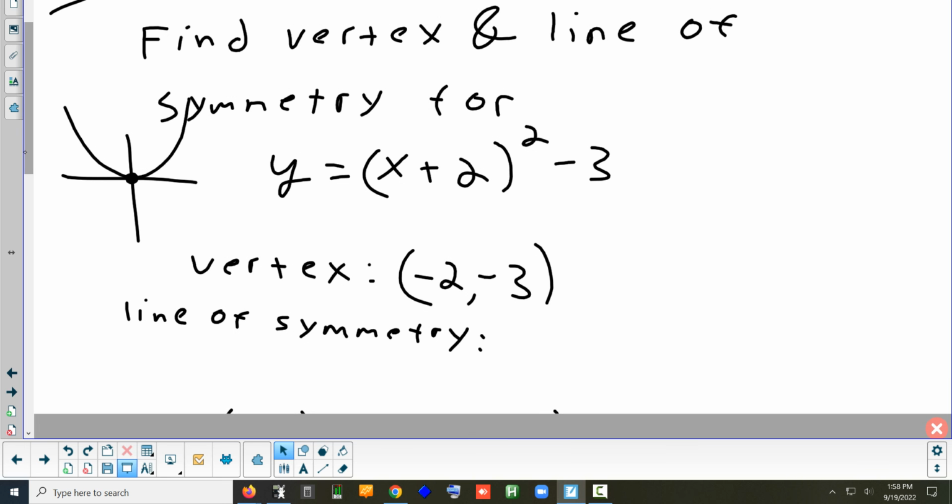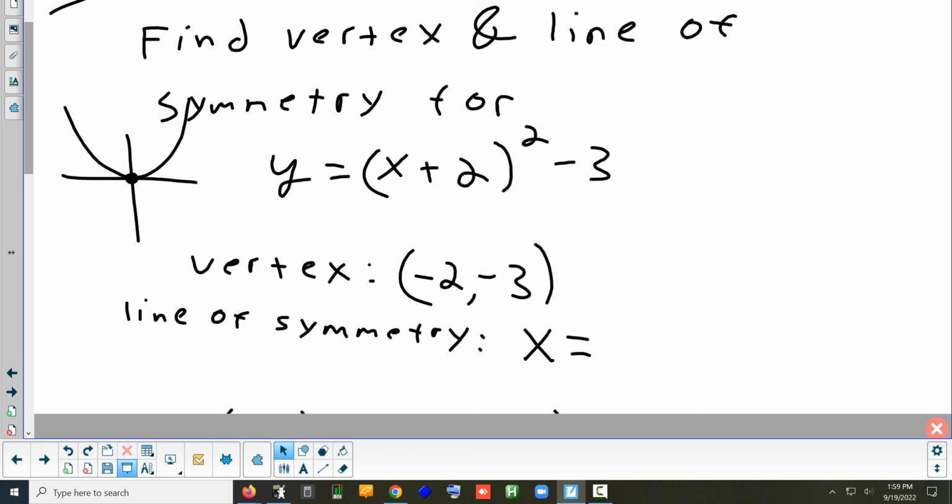Okay, line of symmetry. We said it's vertical. When we write the equation of a vertical line, Austin, what letter does the equation always start with? Y equals would be for a horizontal line. X. So it's x equals.